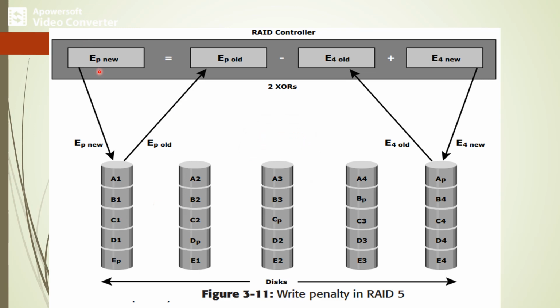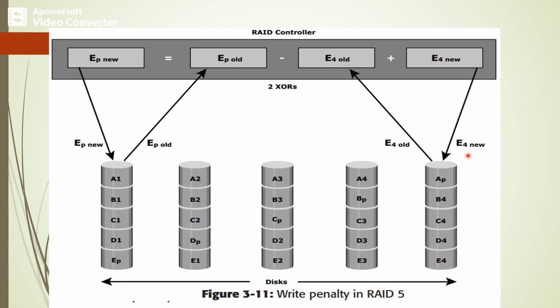Now here we can observe that we have a single RAID controller, and this is disk E, and there is one modification with respect to E4. So strip E4 is updated here.